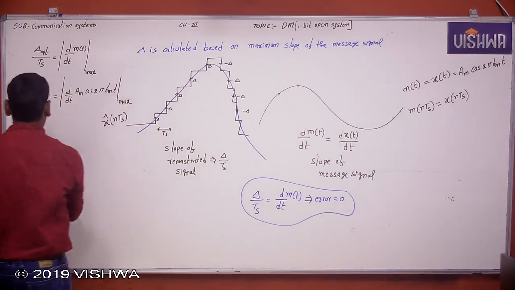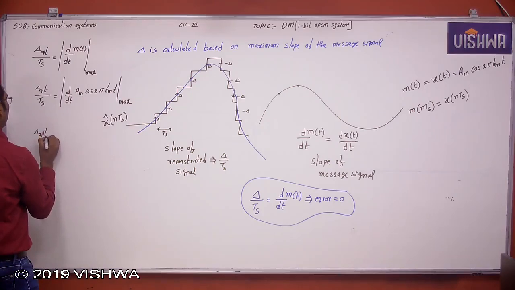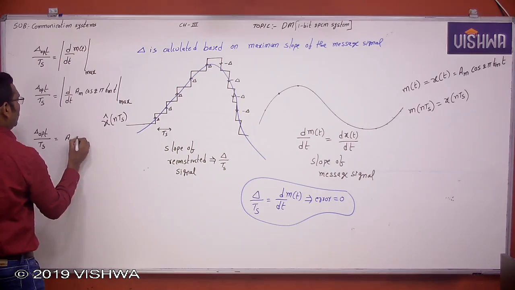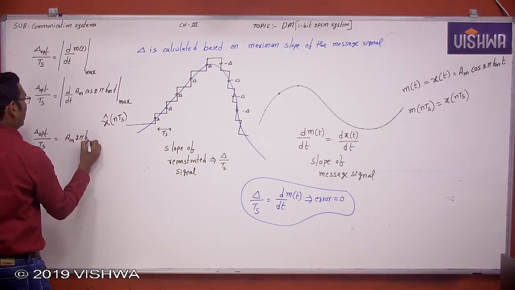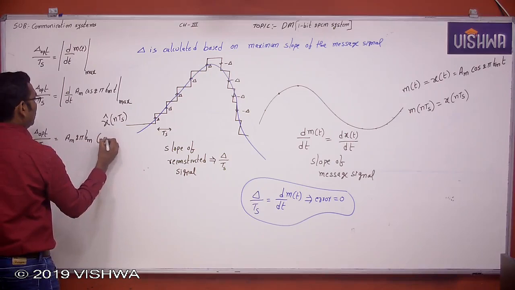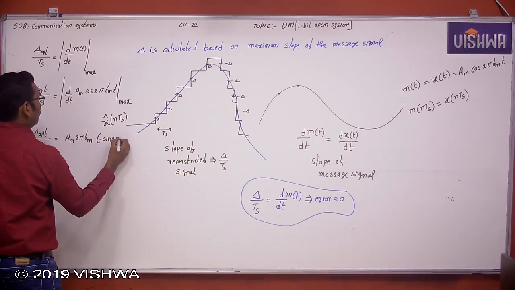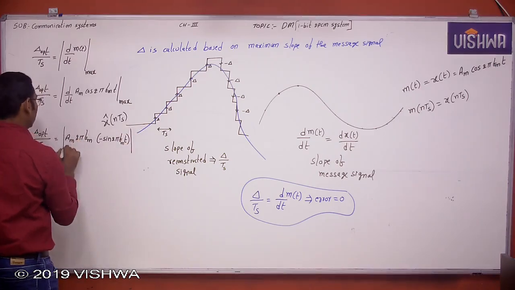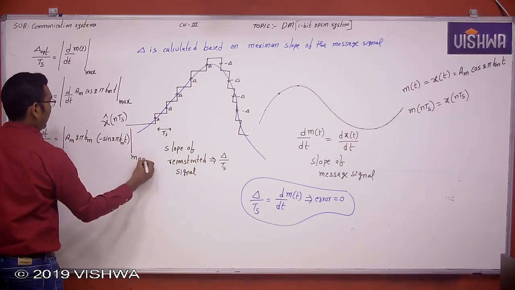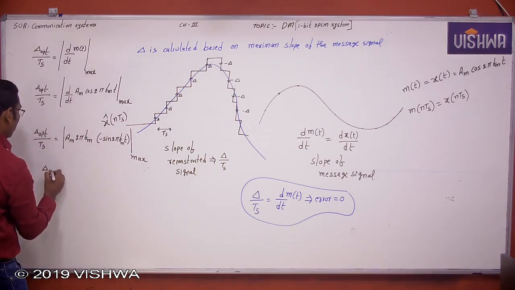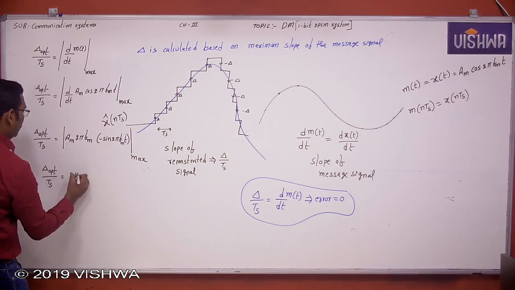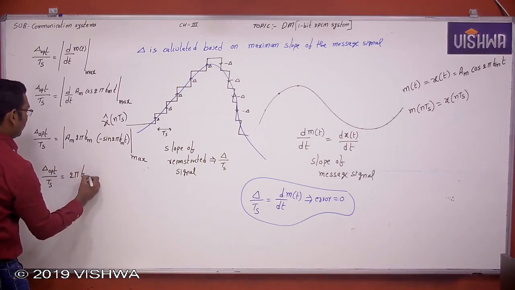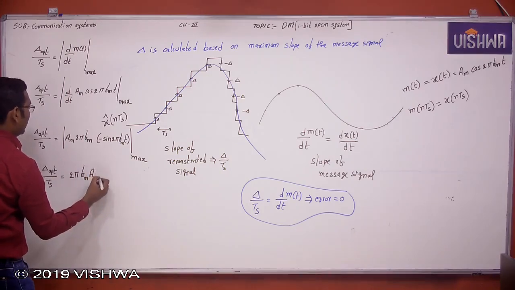Now the optimum step size by Ts is nothing but Am 2 pi fm, and the differentiation of cos is minus sine 2 pi fm t. This is the maximum value. So the optimum step size by Ts is equal to 2 pi fm into Am.